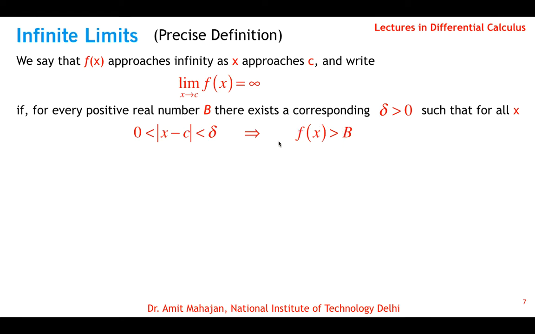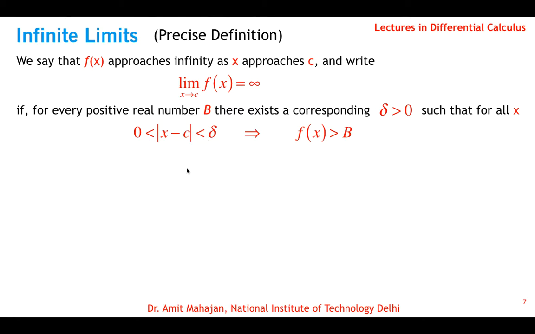So you choose any large b, and the function values are still larger than that. The function grows to plus infinity for all x inside the delta interval.